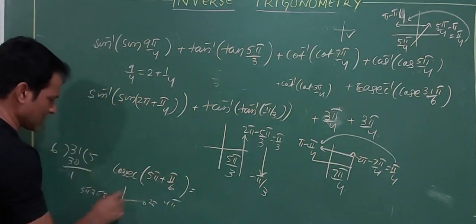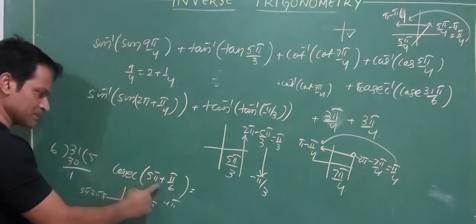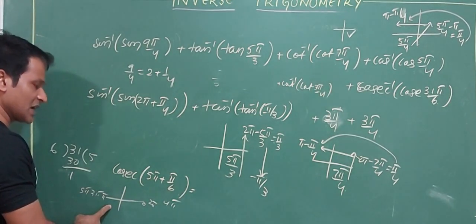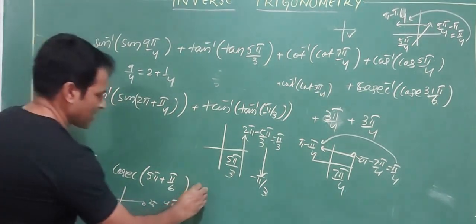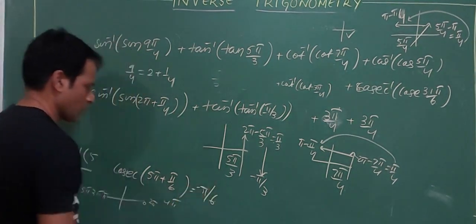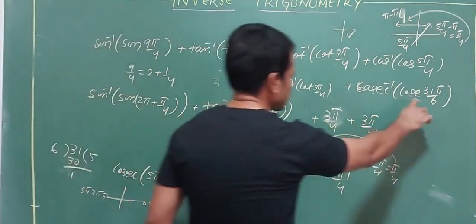Cosec of 5 pi plus 5 pi by 6 is negative here. I have to go to this quadrant to transfer the value, so the answer will be minus cosec 5 pi by 6.